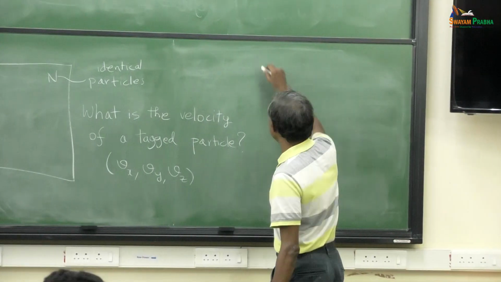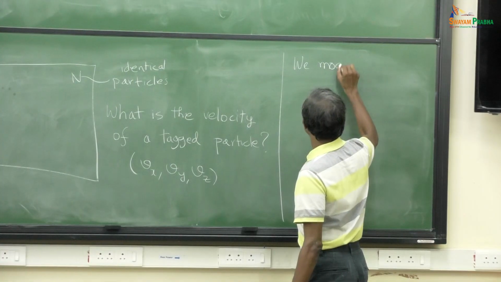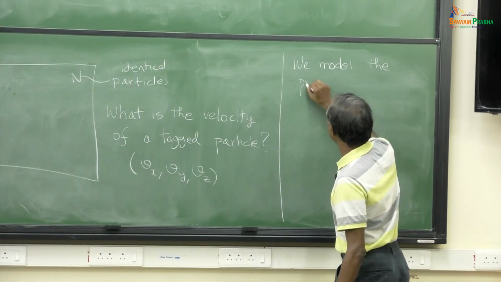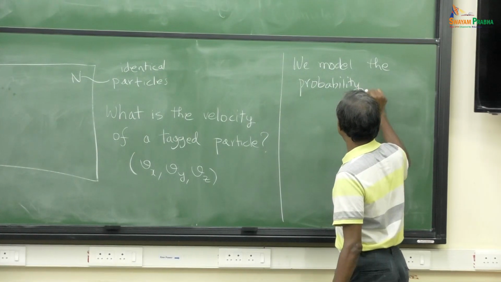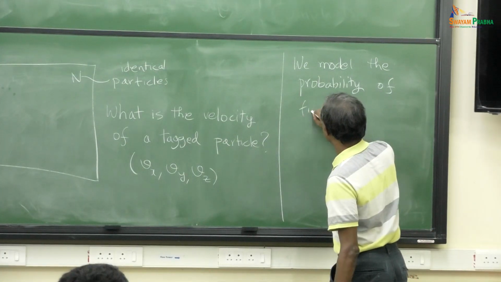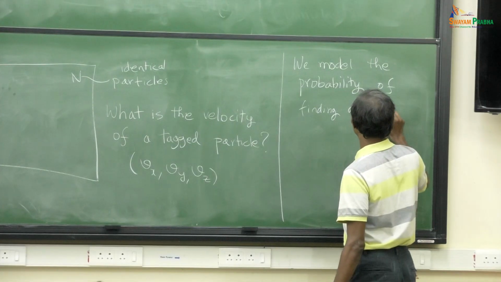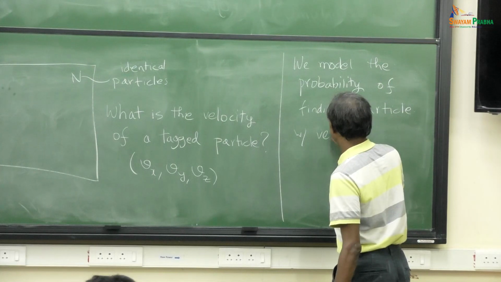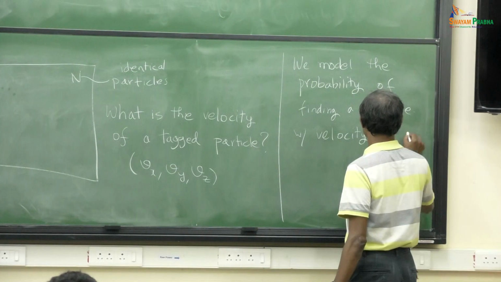So the idea is that we model the probabilities of velocity.